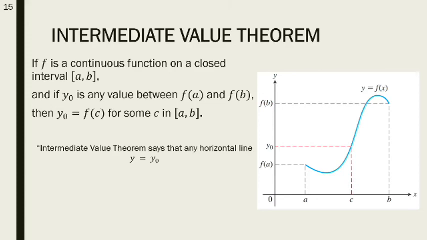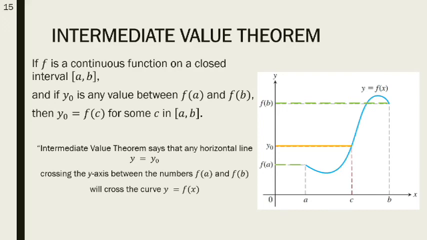The intermediate value theorem says that any horizontal line y is equal to y sub 0 crossing the y-axis between the numbers f of a and f of b will cross the curve y is equal to f of x at least once over the interval a to b.